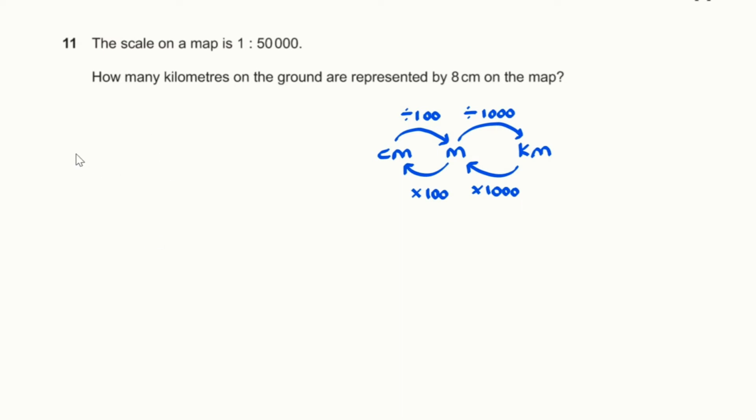So if we have the ratio 1 to 50,000, we are figuring out how many centimeters would be represented by 8 centimeters. So if I multiply 50,000 by 8, we get 400,000.